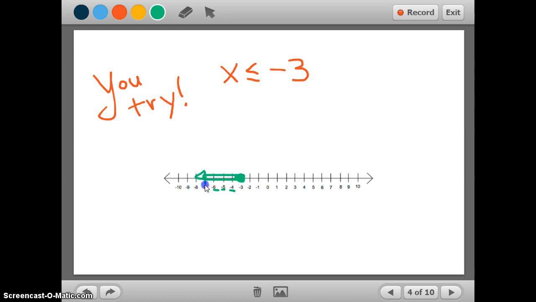So just as a little tip or hint, this direction is less than, and this way is greater than. So that's all you have to think about when you're doing these graphs.